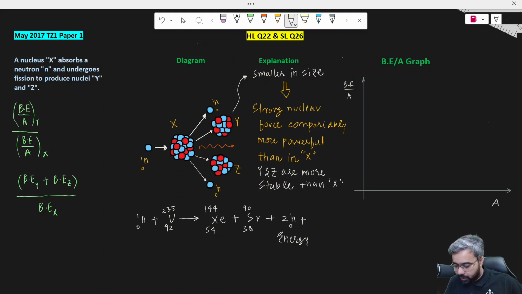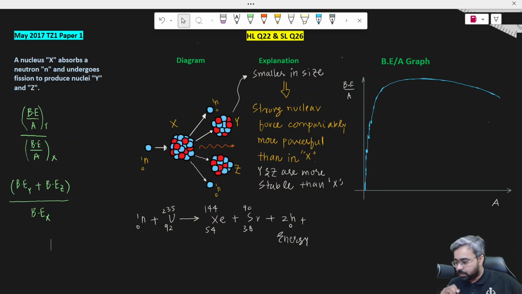I will show you exactly this from the binding energy per nucleon graph, which is very important because binding energy per nucleon is a decisive factor which determines the stability of a nuclide. It is not the binding energy, it's the binding energy per nucleon. I'm going to draw this roughly, the graph is something like this.